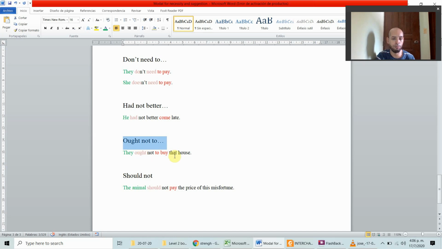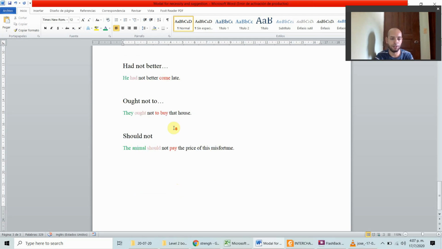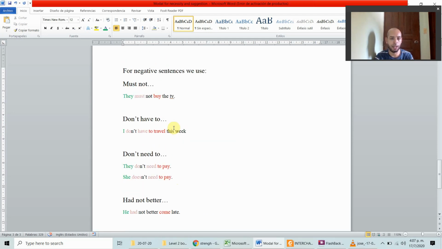They ought not to buy that house. Subject, the modal, not, to buy the infinitive, that house. And should not. The animal should not pay the price of this misfortune. The animal, the subject, should, modal, negative, pay, the verb, the price of this misfortune, the complement.